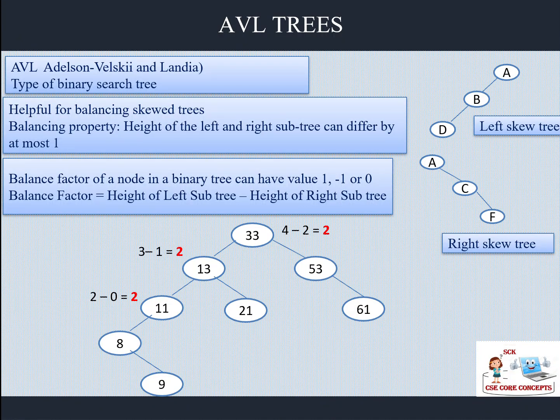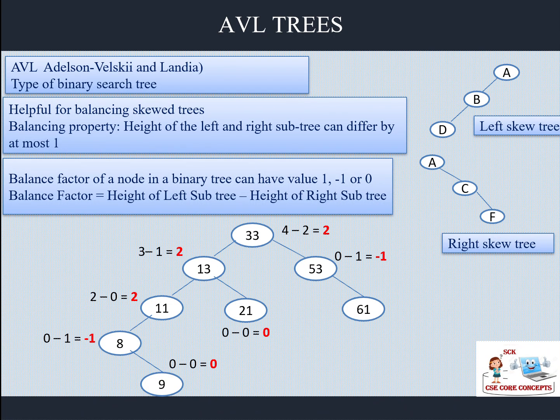So 2 minus 0 is 2. For 8, there is no subtree on the left hand side, 0, and 1 subtree on the right hand side, that is 1. So 0 minus 1 is minus 1. So 8 to 9 is the only balanced subtree in this binary tree. Now for the last node, no left and right, so the balancing factor is 0. Now for 21, no left and right, again the balancing factor is 0.